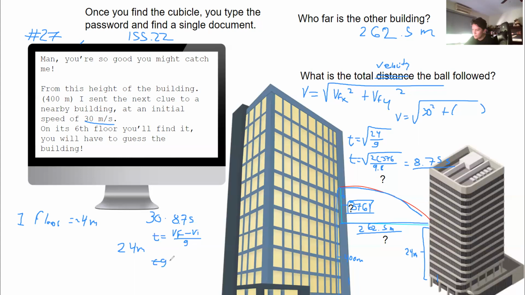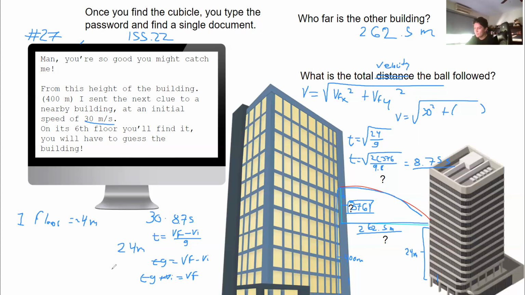We get that time times gravity plus initial velocity equals final velocity, and we remember that the initial velocity on the y-axis is 0.